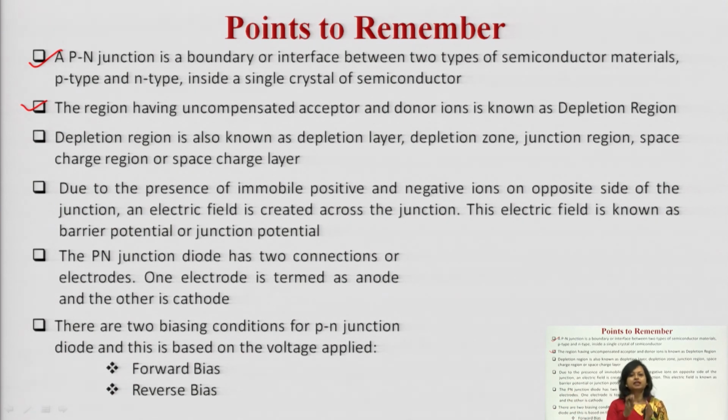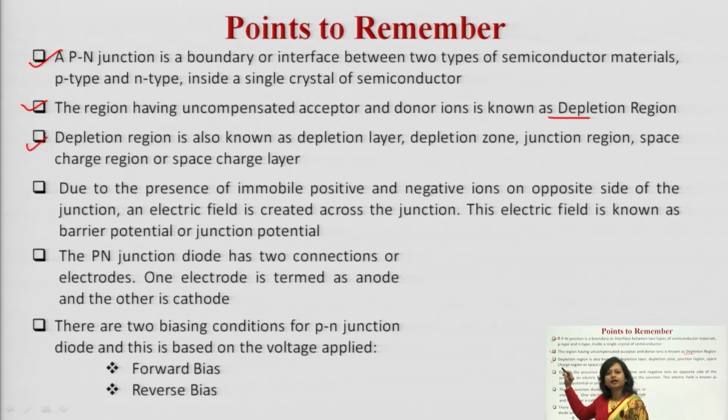After a certain time across the junction, because electrons and holes are recombined, immobile ions will be accumulated. From the p side, acceptor ions, from the n side, donor ions, will be accumulated across the junction, and they will form a region which is known as a depletion region.